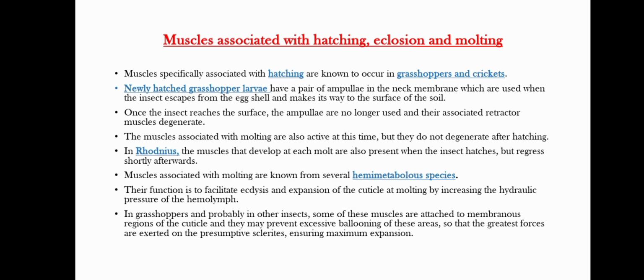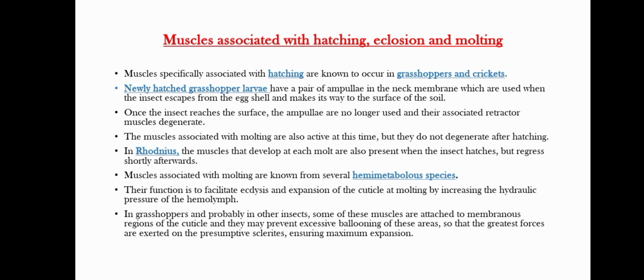In Rhodnius, an assassin bug, the muscles that develop at each molt are also present when the insect hatches, but regress shortly afterwards. Muscles associated with molting are also found in hemimetabolous insects, and their function is to facilitate the ecdysis and the expansion of the cuticle at molting by increasing the hydraulic pressure of the hemolymph.